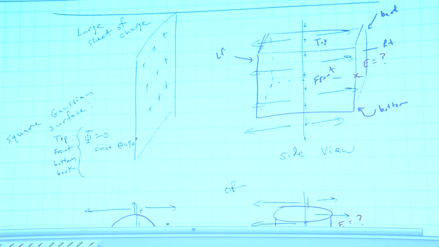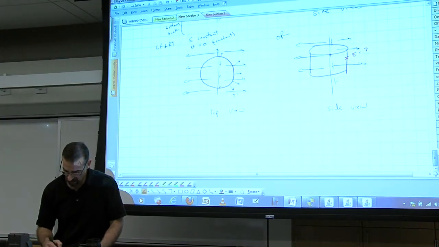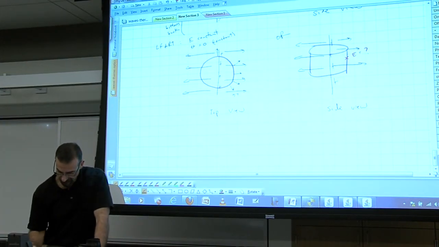The field lines never penetrate any of those surfaces. The left and the right, we have flux, right? And it's okay to use those surfaces because E is constant over the surface and theta is constant over the surface. So we can use E times A times cosine 0 degrees, right? Okay, so how can we orient our cylinder?